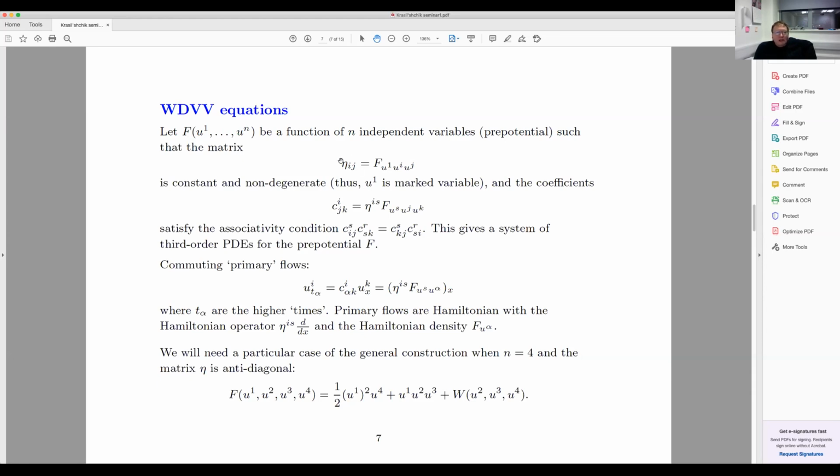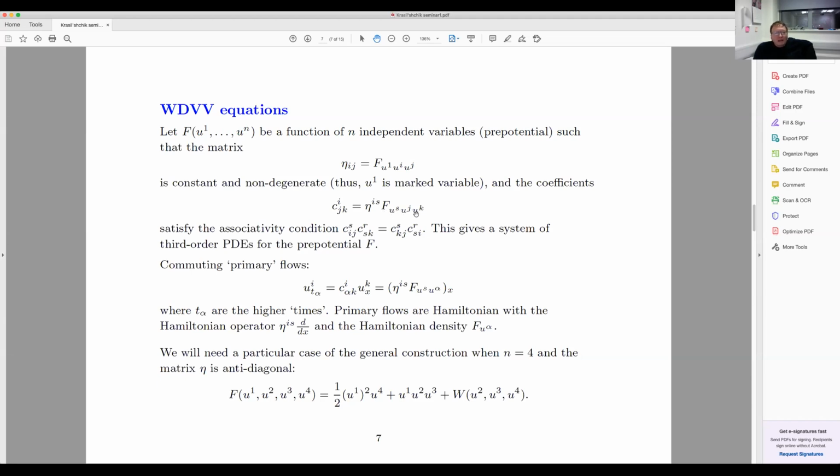I will call it eta ij, so we can invert it. For instance, we can form eta with upper indices, which is the inverse of this, since it's non-degenerate. Let's then introduce the following object, C_ijk. You calculate third order partial derivatives of our function, this time with respect to all possible variables. So u1 is not necessarily present here, it is also part of these variables, but they can be any variables from 1 to n.